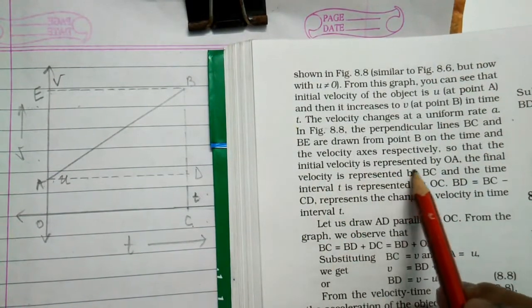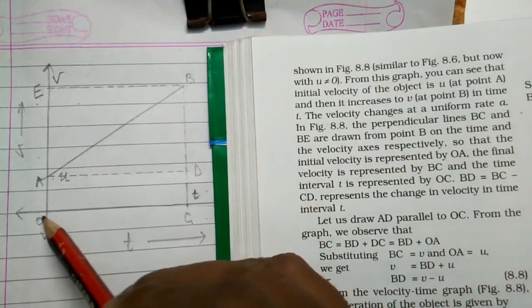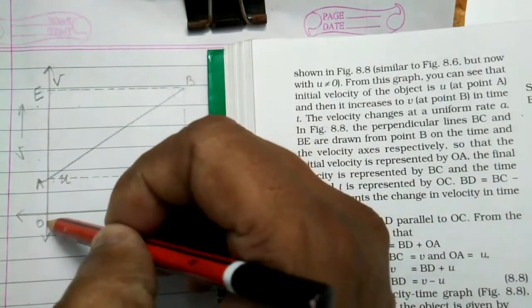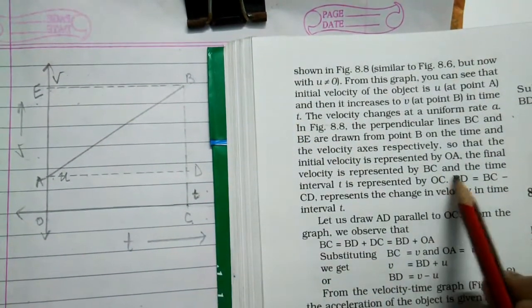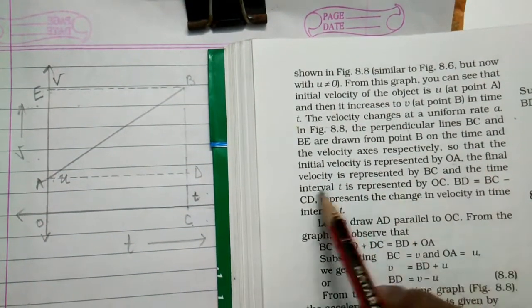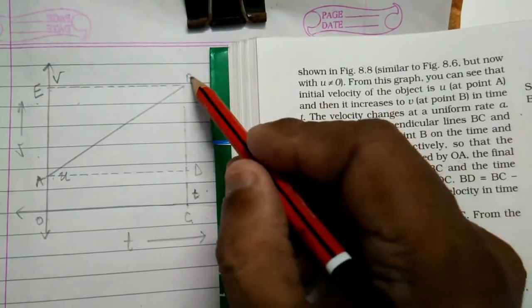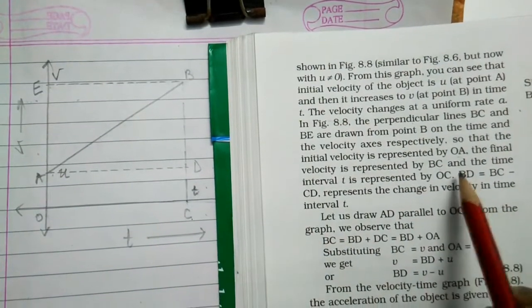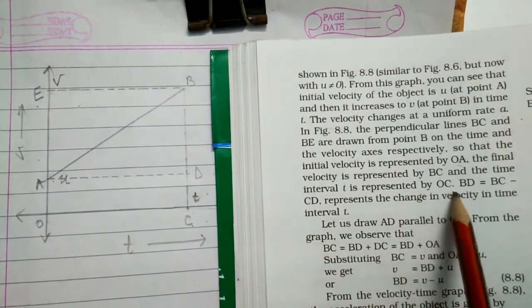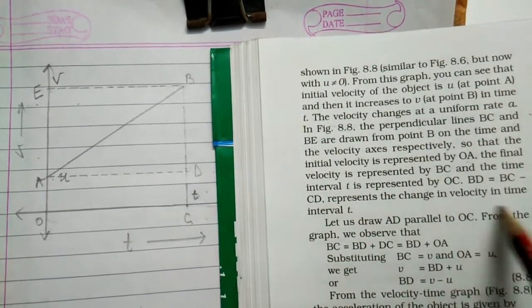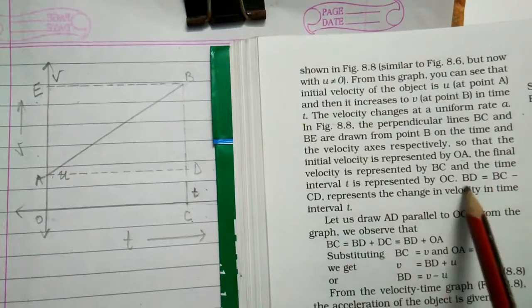So the initial velocity is represented by OA and the final velocity by BC. BC or OE are both the same because they are parallel and equal in length. And the time interval t is represented by OC. This is the time interval. The time interval is also determined by AD, because they are parallel as well as the same size.